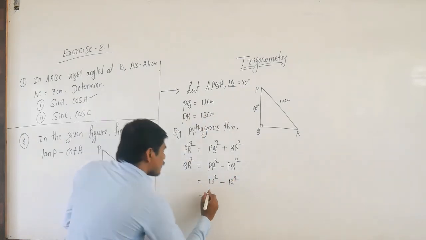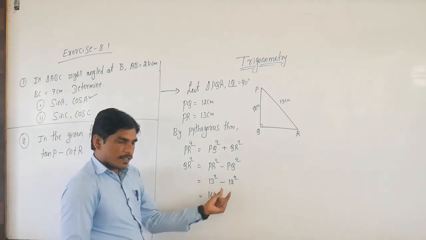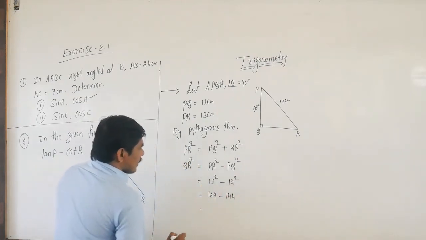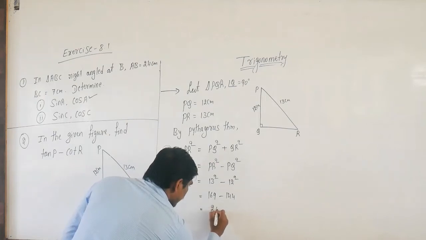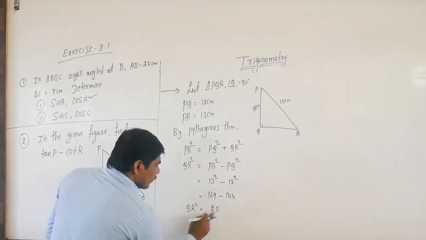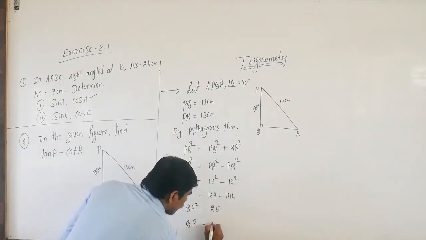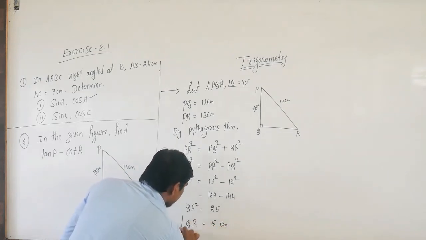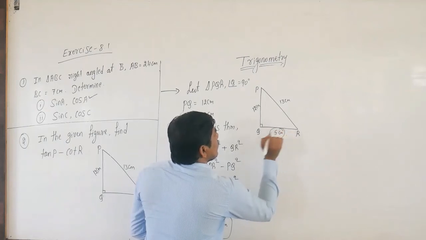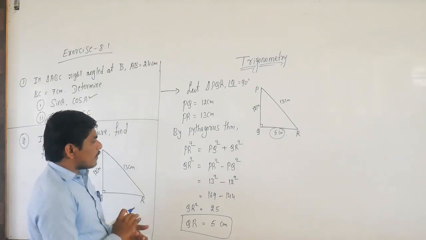Now 13 square is 169 minus 12 square is 144, then the subtraction is equal to 25. Here QR square is equal to 25. Then 25 is a perfect square number. QR length is equal to 5 centimeter. Now QR length is 5 centimeter. Here we calculated. The next point is a very important point.